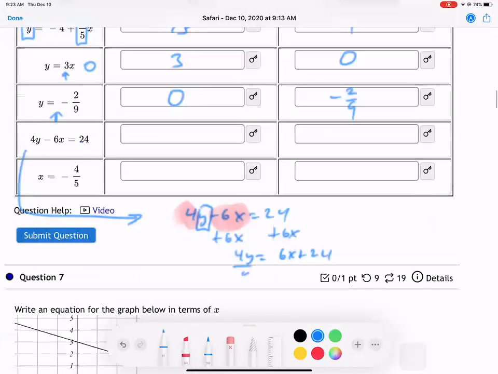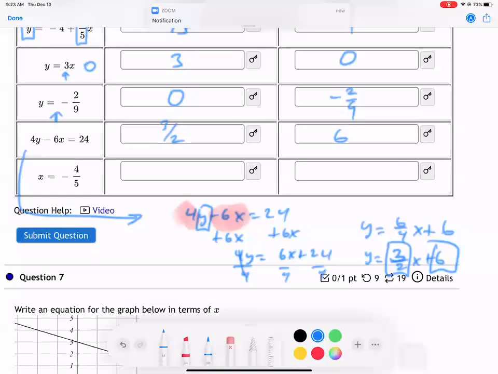And we divide both sides by 4. y is equal to 6 over 4 x plus 24 divided by 4 is 6. I can reduce 6 over 4. I can divide them both by 2. That's 3 over 2 x plus 6. So we have our slope and our y-intercept.